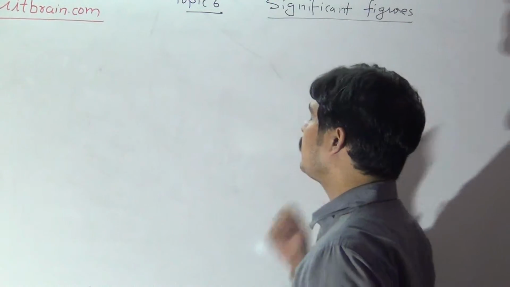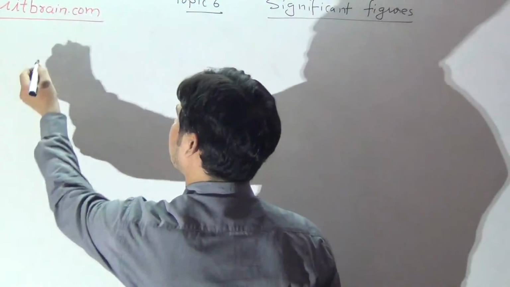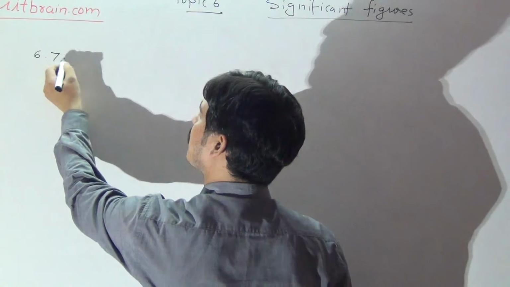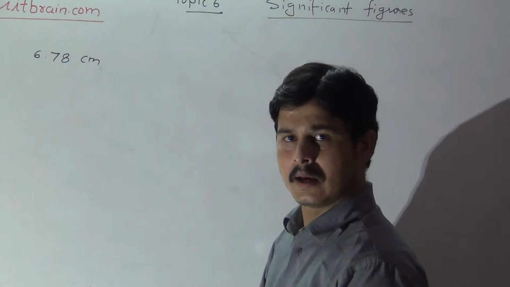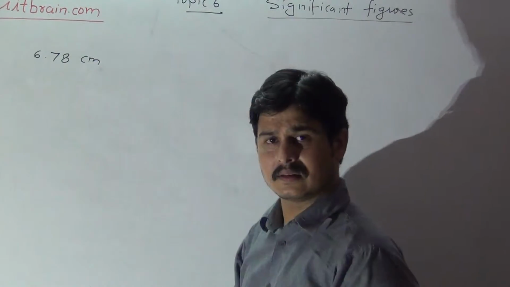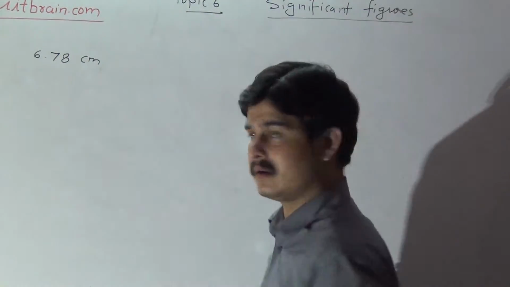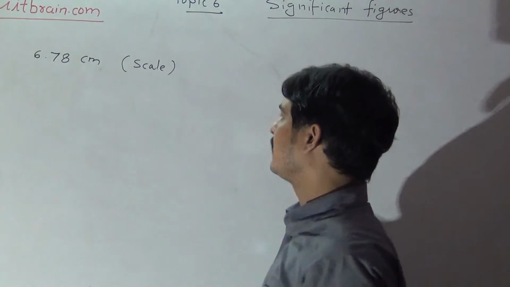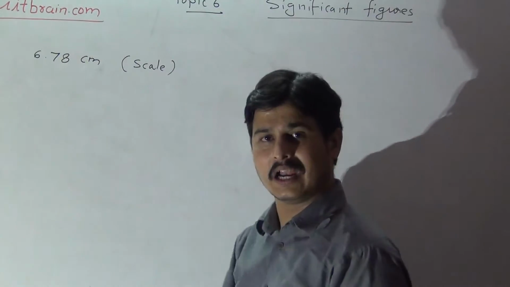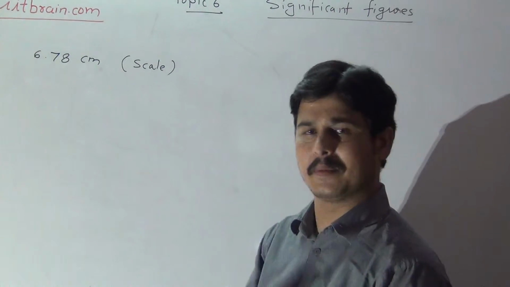So now significant figures, suppose a number is 6.78 centimeter. That number is 6.78 centimeter, and it is given that this measurement has been done by a device named as a scale, a general scale. Then we know that it is out of the limit of the capability of a scale.